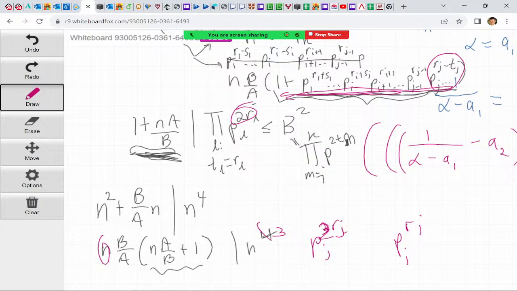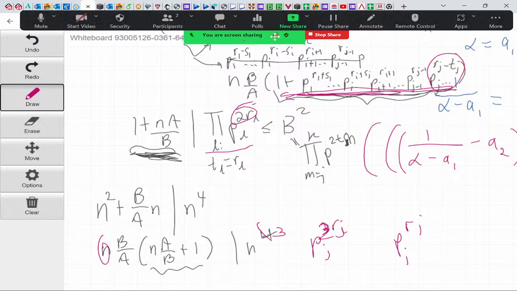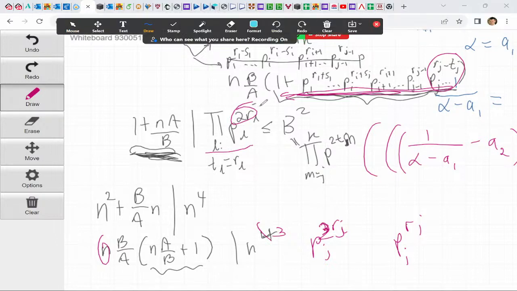So I guess if Justin understands that claim, there's basically two claims I'm making. This thing here is less than b squared, and this thing here is bigger than a squared. So then the previous arguments apply.